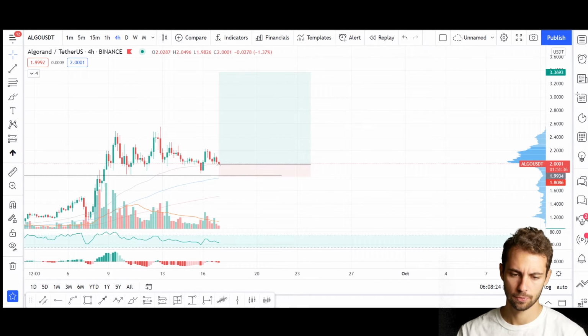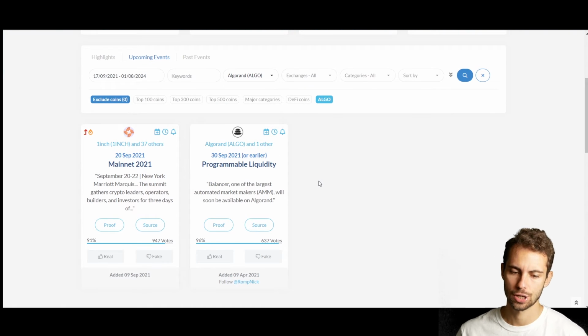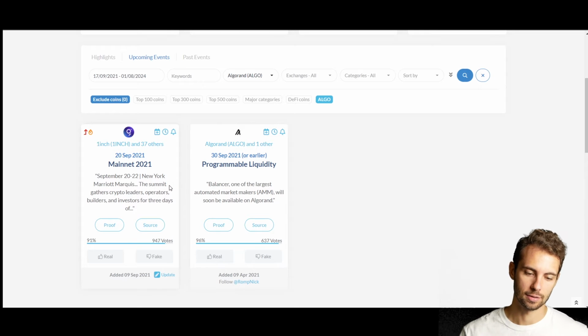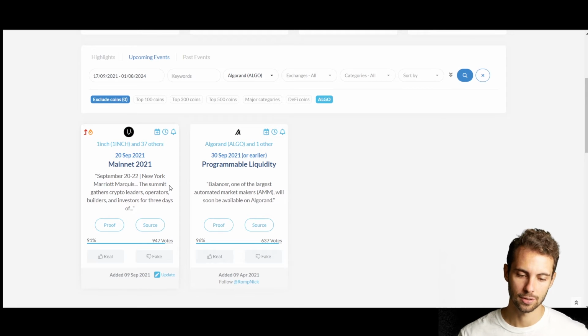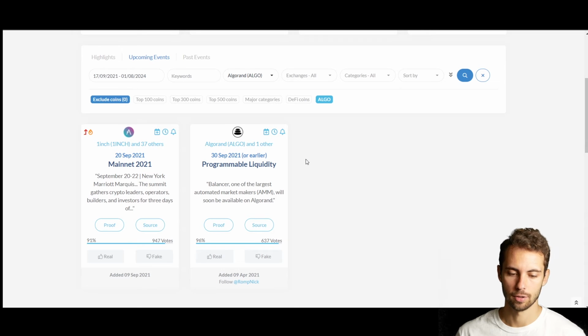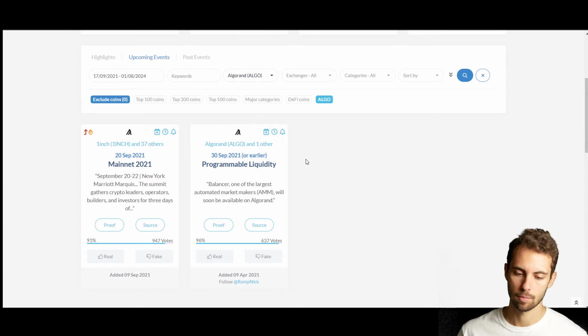In terms of events that might push Algorand higher, there are two on the way. Firstly, the Mainnet 2021, which is an event gathering lots of crypto leaders, and also on the 30th of September or earlier, there is programmable liquidity, where another protocol is introducing automated market makers for Algorand.